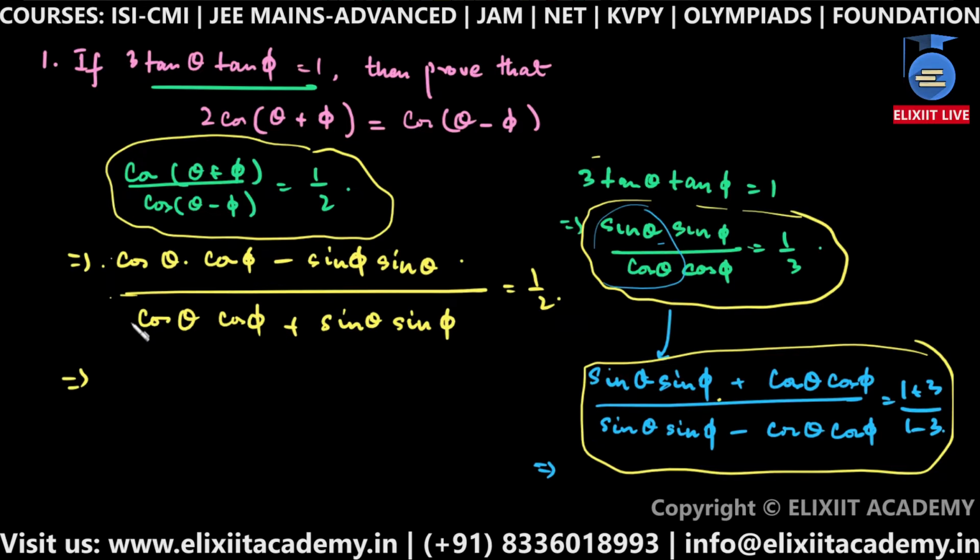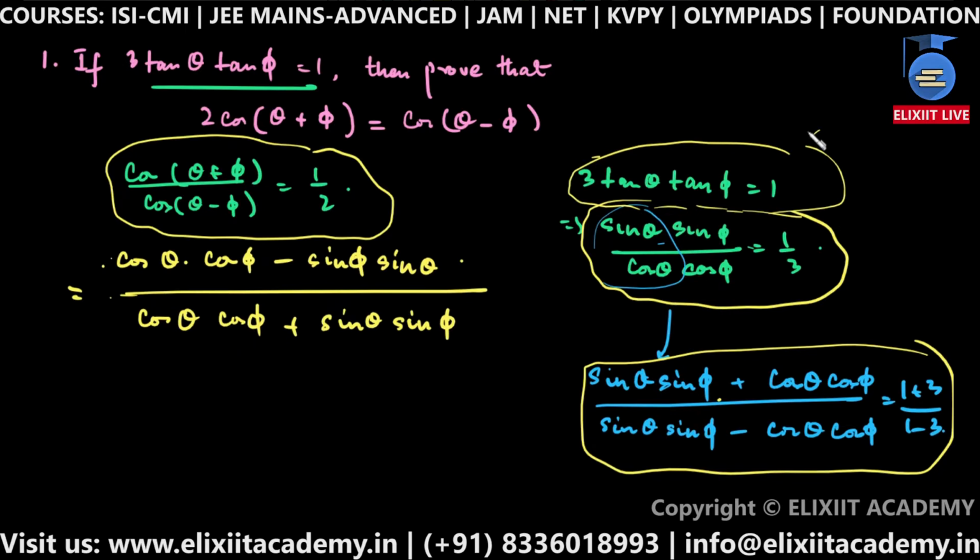So sin theta sin phi, with the minus sign common, cos theta cos phi minus sin theta sin phi divided by cos theta cos phi plus sin theta sin phi, and there it is 1 plus 3 upon 1 minus 3, so minus minus will cancel, and 1 by 2 will remain, same thing. And we are basically proving from this particular identity, 3 tan theta into tan phi.